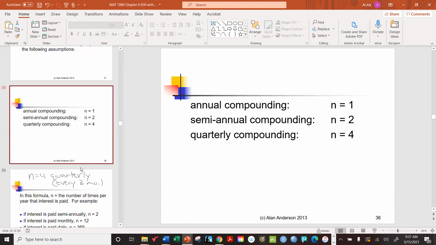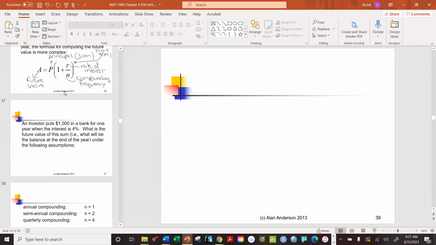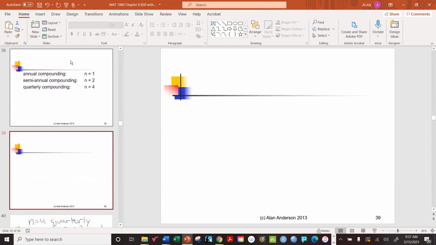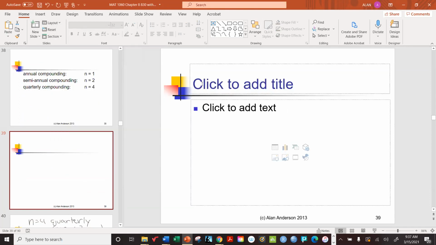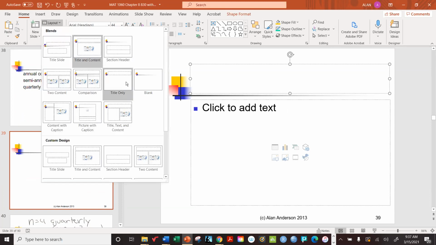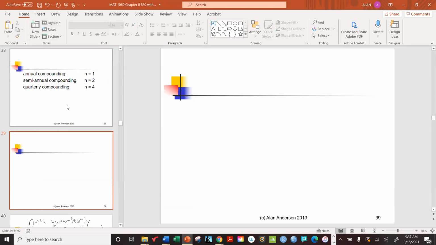All right, so let's start with the first case. Once again, I'll copy the amounts on top for you. Remember that this was $1,000 with a 4% rate and time is 1.